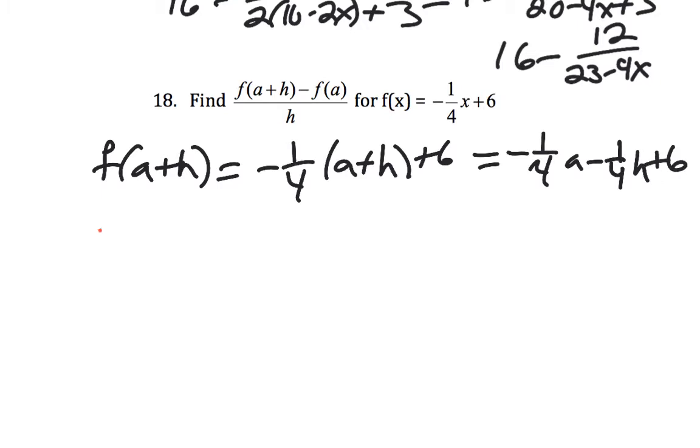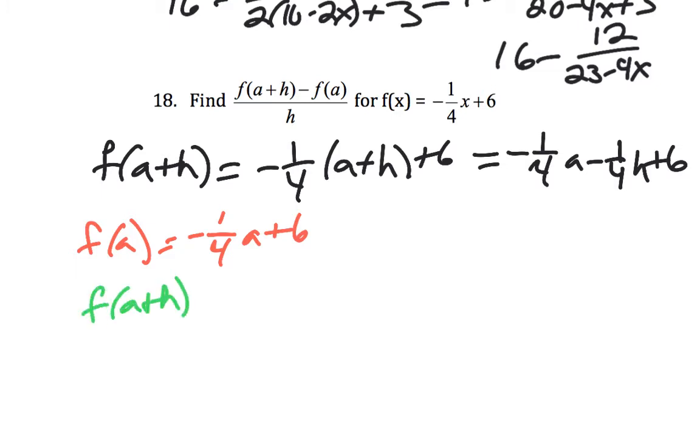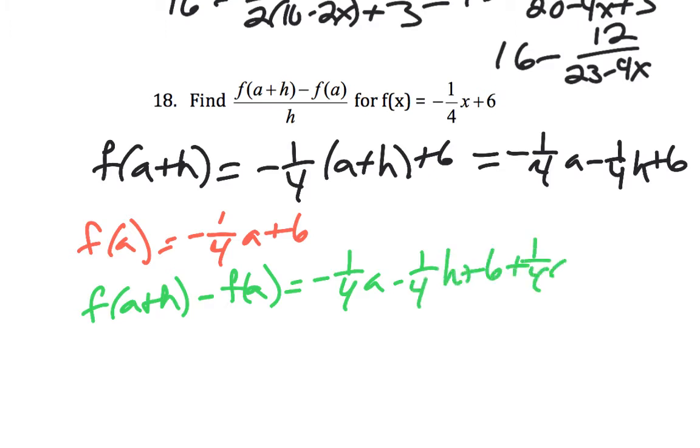Now let's go and find f of a. So I just need to plug in the a, and then I'm going to do f of a plus h minus f of a, and I get negative 1/4 a minus 1/4 h plus 6 plus 1/4 a minus 6, because I'm subtracting it so it changes the sign.